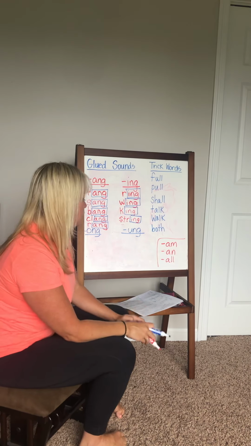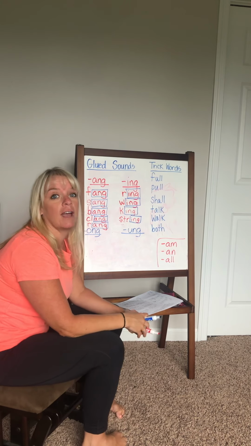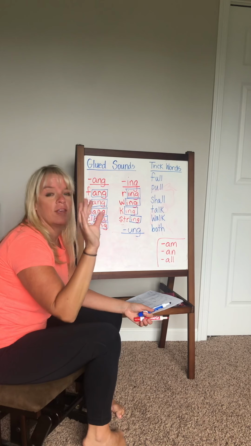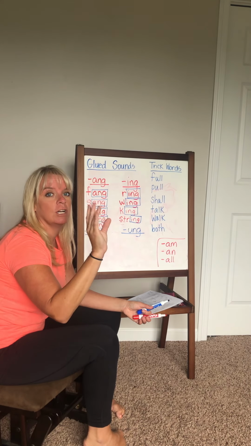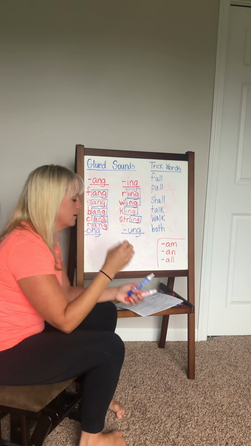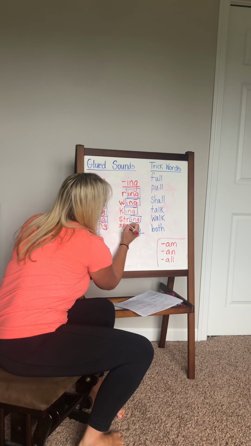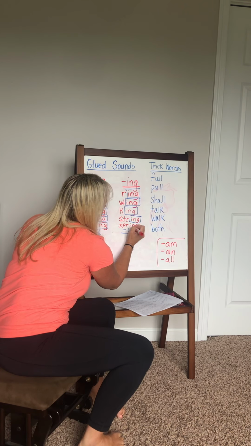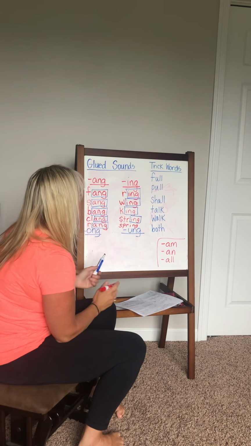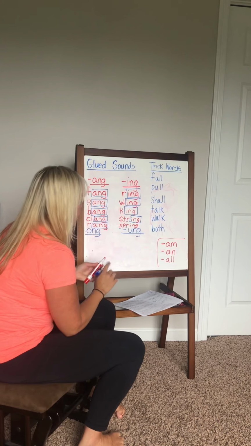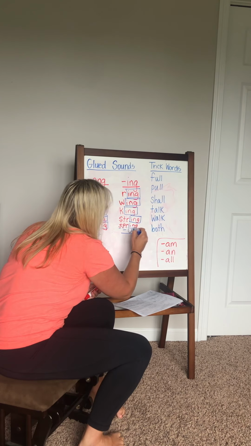Your last word is spring. Like I hope we have beautiful weather in the spring. Let's tap it out. S-p-r-ing. So we're gonna write ing. I see a three-letter blend, SPR again, and then the glued sound ING.